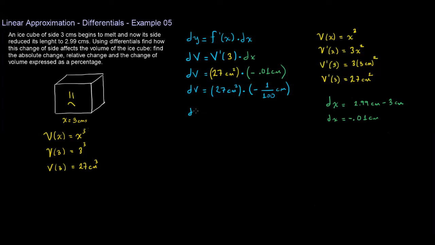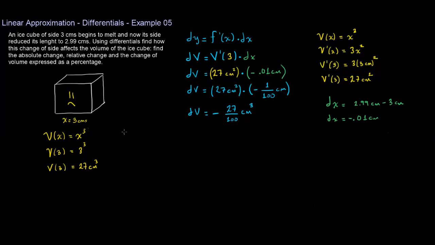If we multiply them out, the differential of volume would be negative 27 over 100 centimeters cubed. It's very important: we multiply centimeters squared times centimeters, we get centimeters cubed. Now we got a differential of volume. This is how much the volume changed in terms of this change of the side.